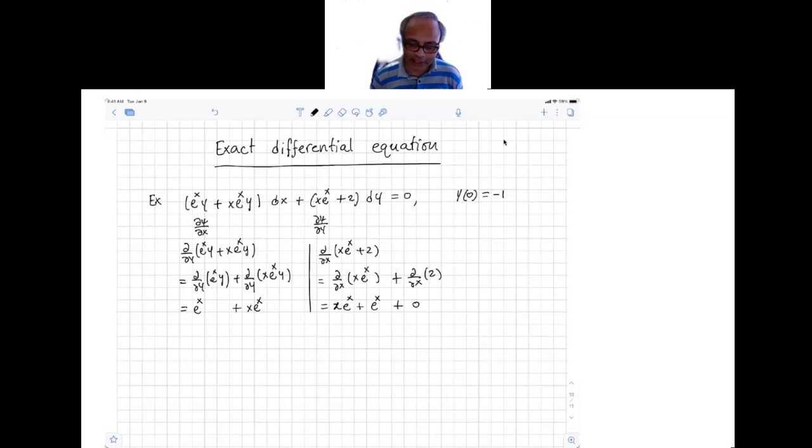And you can see that the quantity on the left and the quantity on the right are equal. So the equation is exact, test passed.